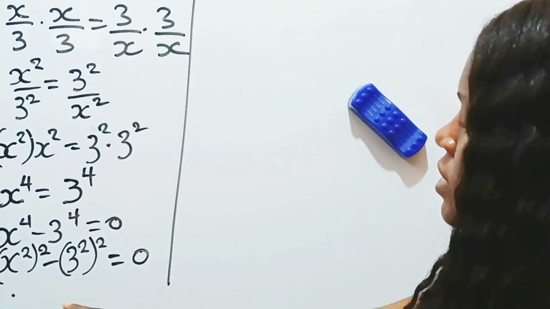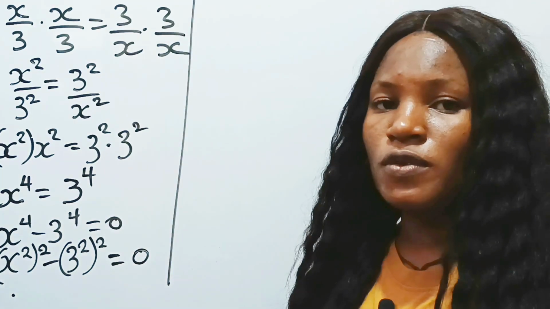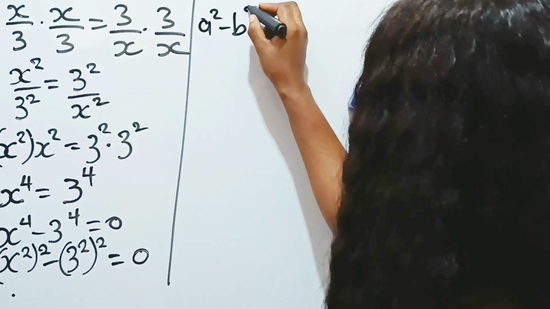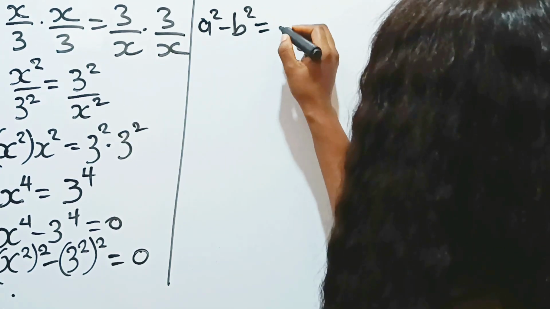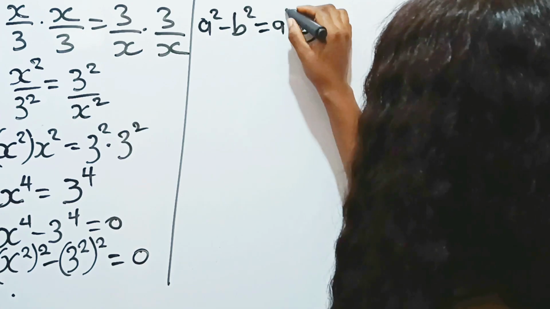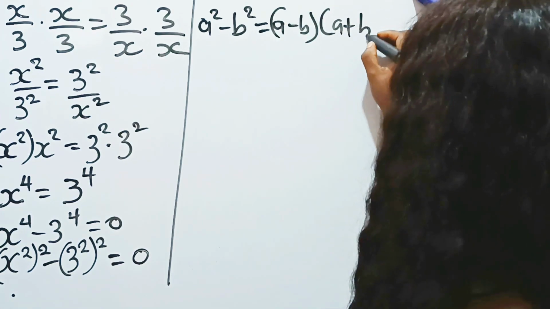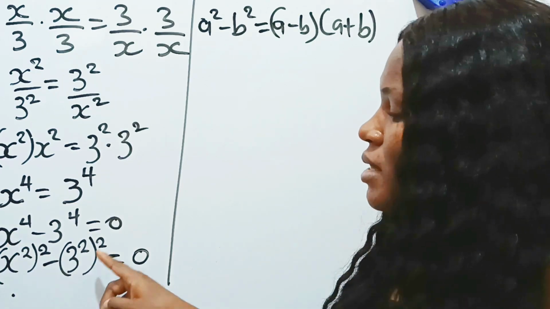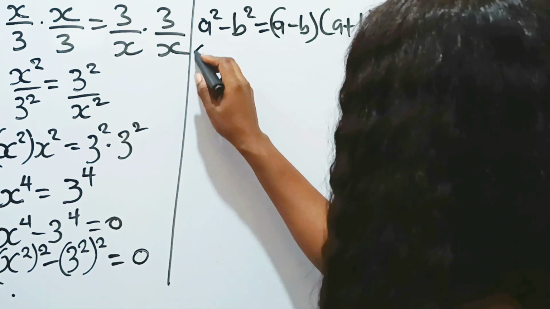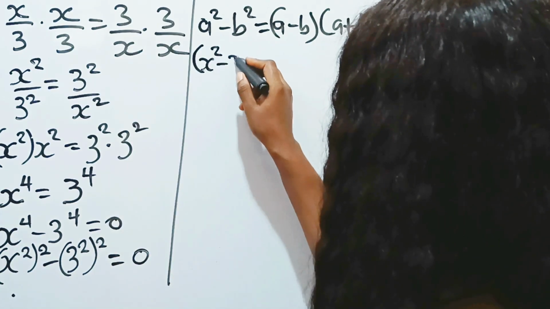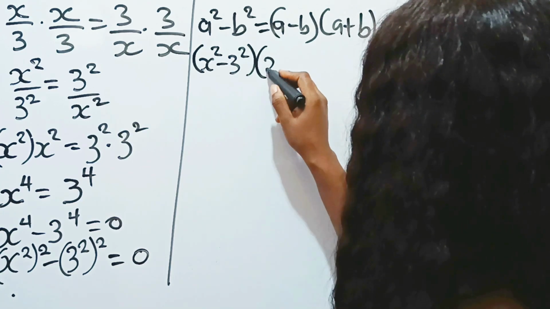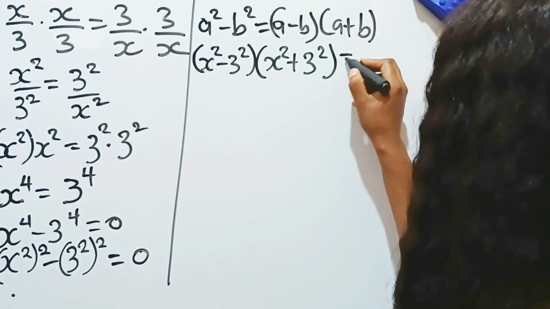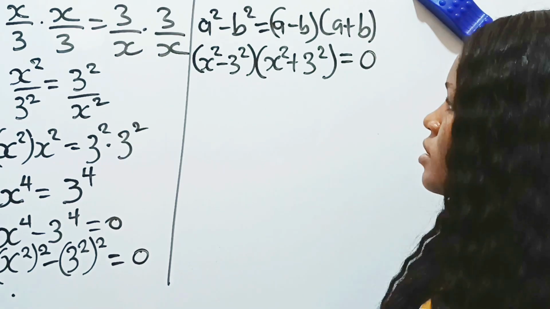Now when you look closely, you notice that we have difference of two squares here, and we know that a squared minus b squared, okay, is equal to a minus b multiplied by a plus b. Now in this case, our a is x squared and our b is 3 squared. So we can write what? X squared minus 3 squared multiplied by x squared plus 3 squared, and everything is equal to 0.